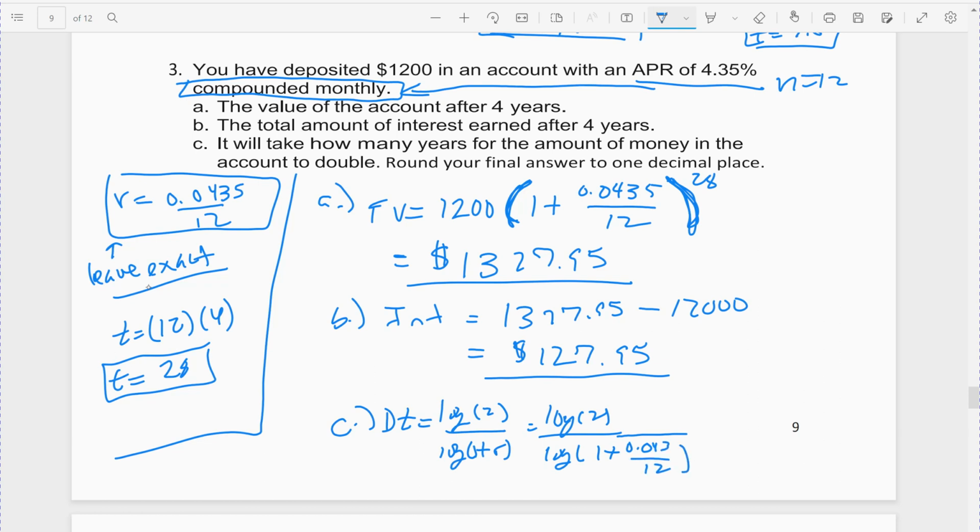You take the log of 2, divide by the log of 1 plus 0.0435 divided by 12 in parentheses. Hit enter. And it takes quite a long time for it to double. Again, it's a small amount of money.